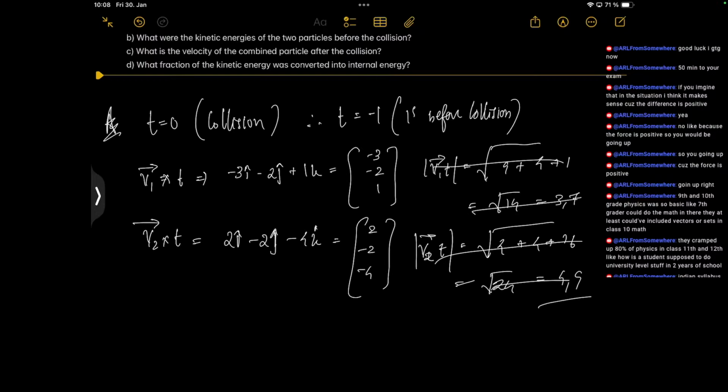So you subtract these two, right? So now there's R1, R2, R1 minus R2: minus 1i plus 0j plus 5k.